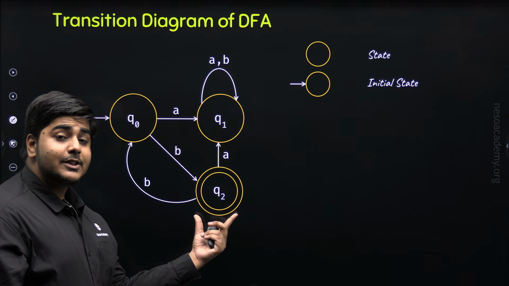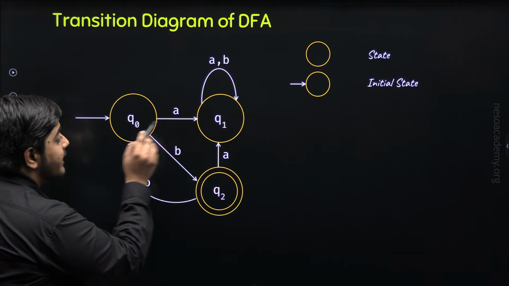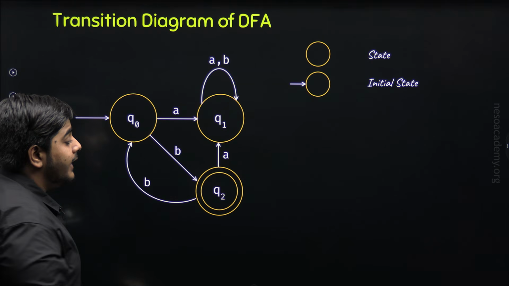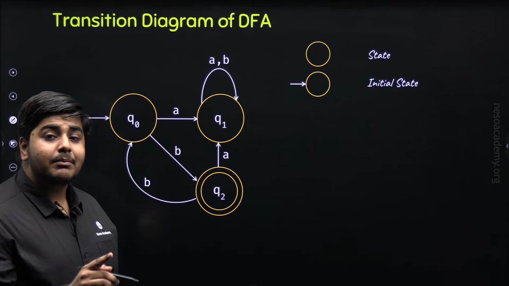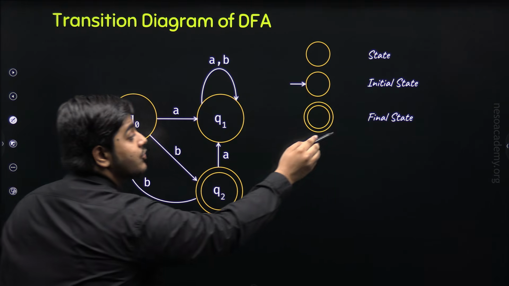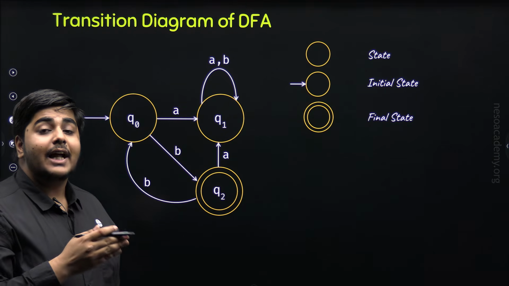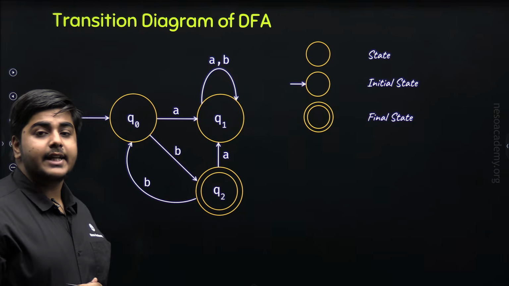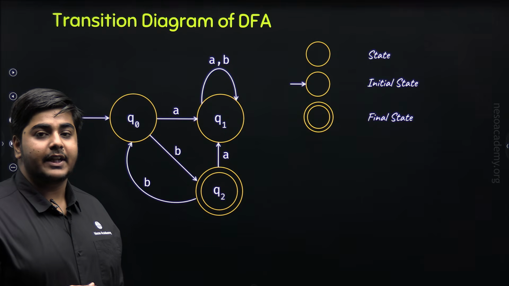Now this is also a different state. Why? Because if you see, these two states have only one circle, while this state has two circles. So a state having double circle is a representation for the final state of the DFA. And we know that if the processing of an input string stops at the final state, it means our input string is accepted by the DFA.